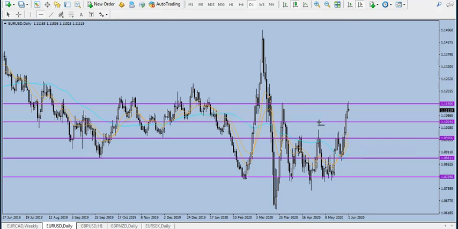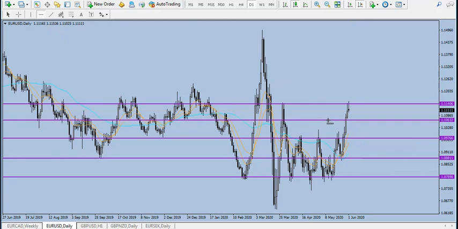So I will add one now somewhere around here. Remember, it's a zone, it's not one line per se. So if I'm adding one here, because when I look back, apart from the fact that I can see that price closed above it and respected it as support to the upside, I can see it here acting as support, here acting as resistance, because you can see price rejected the level and made this massive move to the downside, which I wanted, around 260 pips.